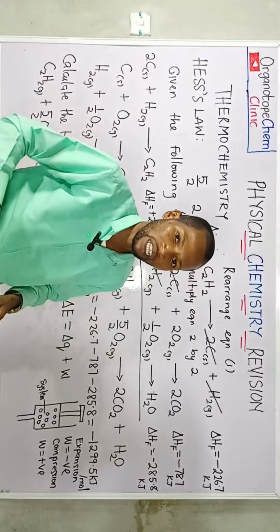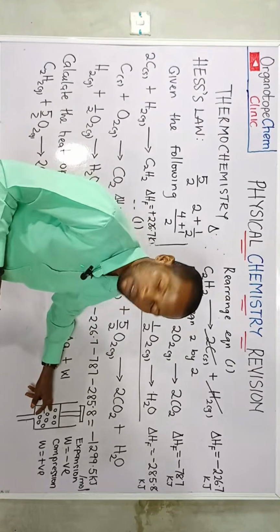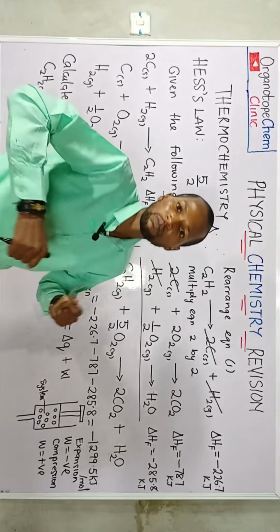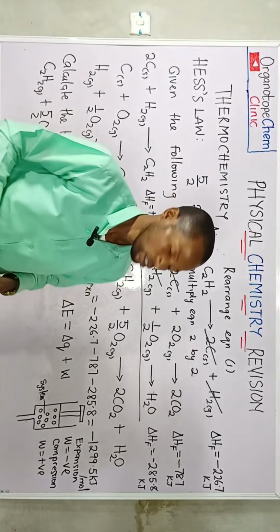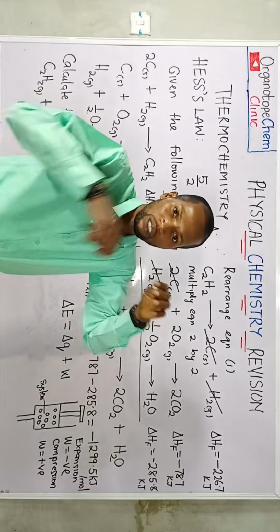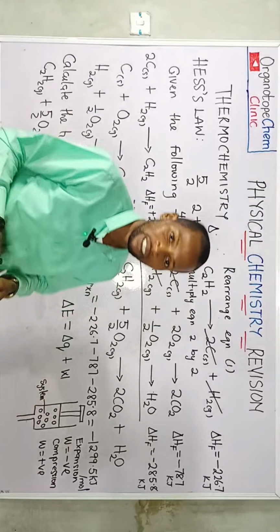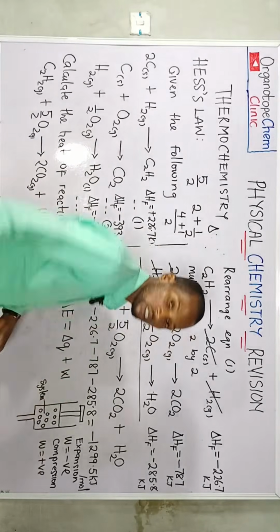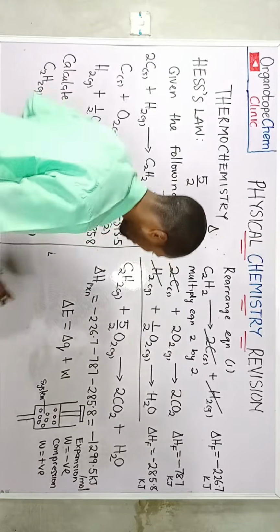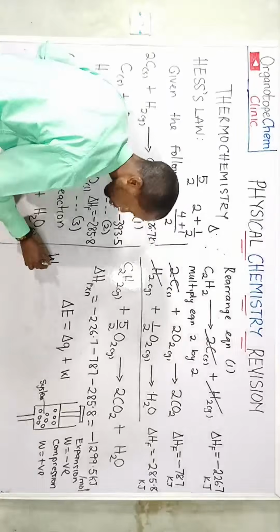Compression. It's just like you are pushing something downward. Then the system tends to gain more energy. So since the system is being acted upon by the surrounding, there is what? Gain of energy by the system. So the work done is what? Positive. Is that okay? Now, we have the expression for pressure volume work done.